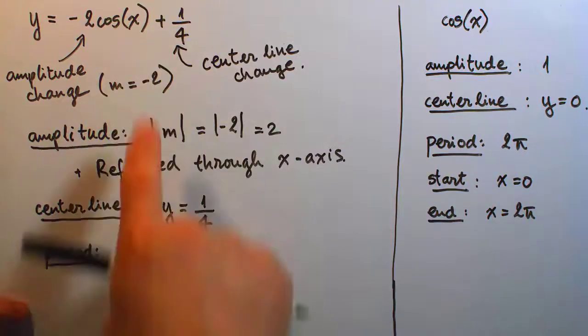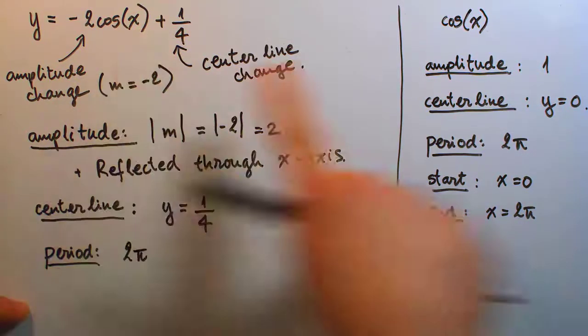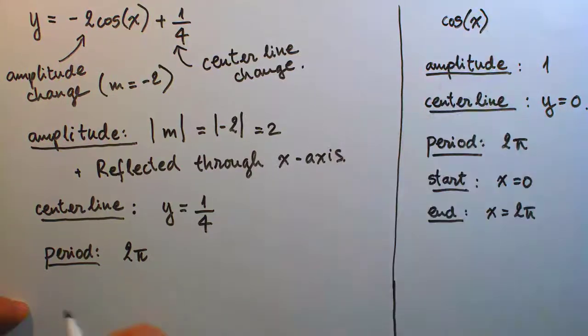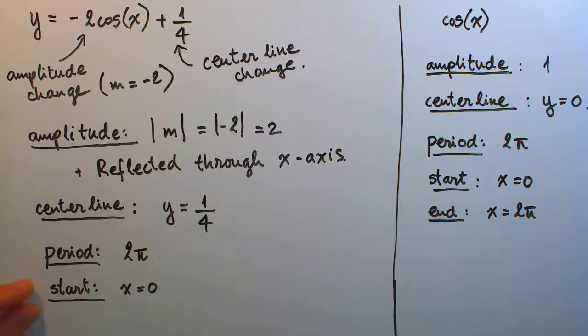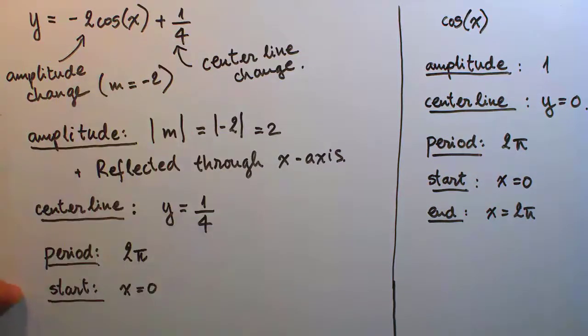As I explained earlier, the inside of our cosine function looks exactly like the inside of our cosine function on the original version, and so we expect our start to remain the same compared to the original graph. Once again, the start here is the start of the base unit of this particular function, and the end of the base unit is once again x equals the start plus the period 2 pi, which equals 2 pi.